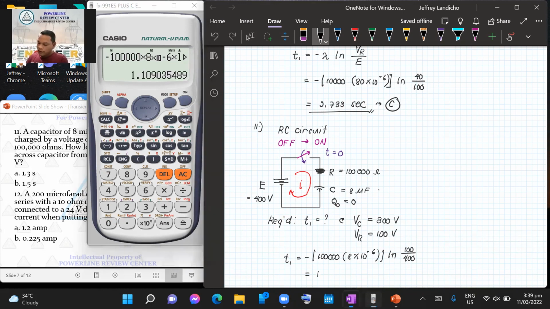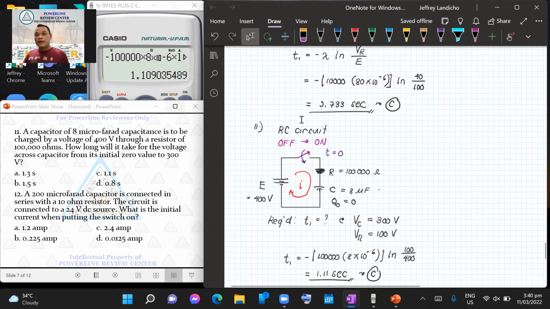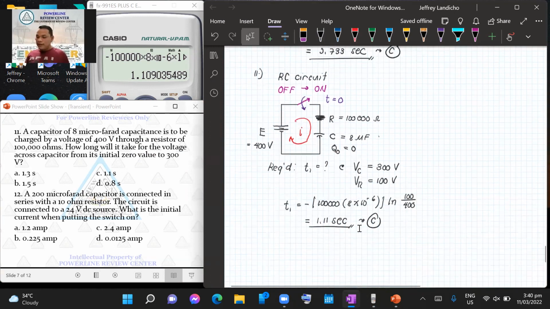So, it would take only about 1.111 or 1.11 seconds. 1.11 seconds or 1.1 seconds, pwede na. Anong letter? Kesa kunin pa natin si V sub C, kay V sub R na lang tayo, kasi mas maliit yung formula ni V sub R compare kay V sub C. Okay ba? Any question regarding problem number 11?